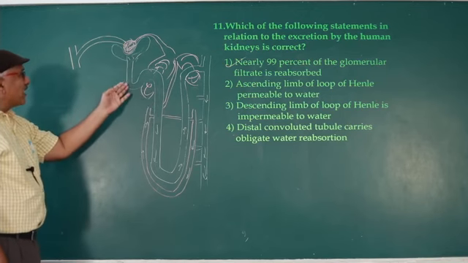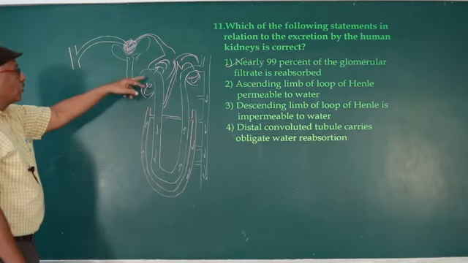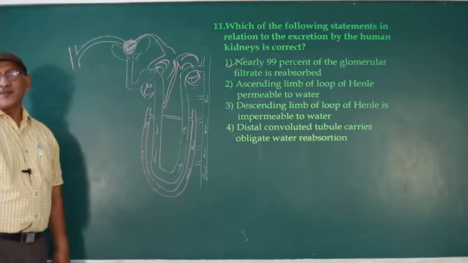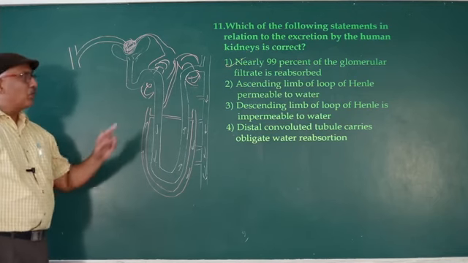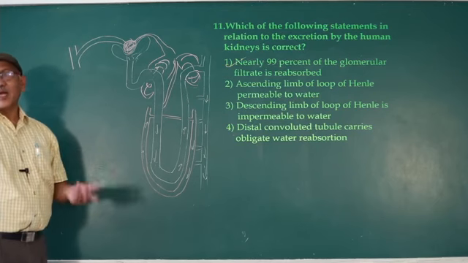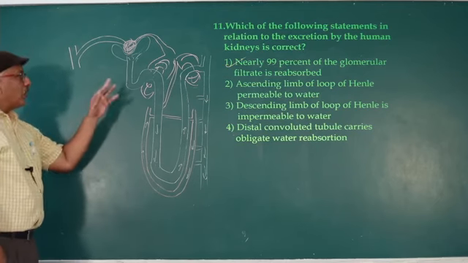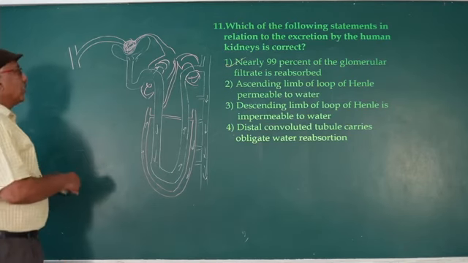These substances escape from the filtrate and immediately enter into the blood. So most of the substances are reabsorbed in the PCT. Reabsorption in the PCT needs no enzyme or hormone. So this reabsorption is compulsory, so it is known as obligatory reabsorption. The obligatory reabsorption is the same in all human beings.